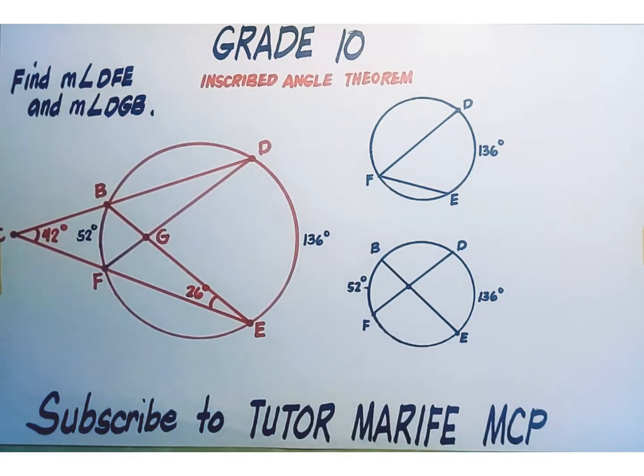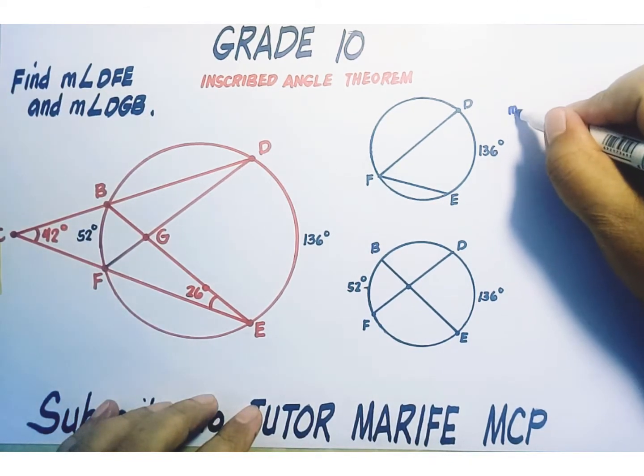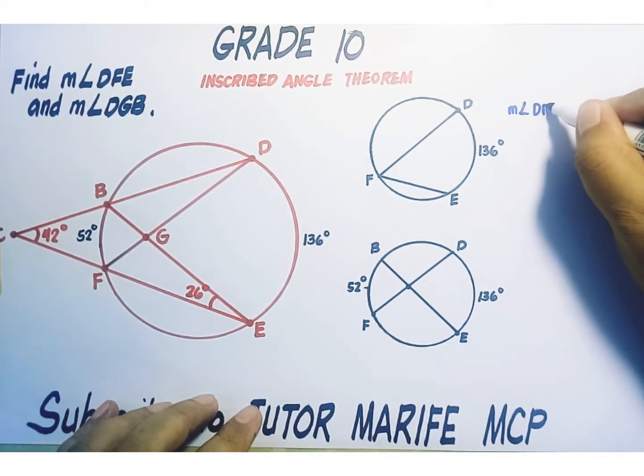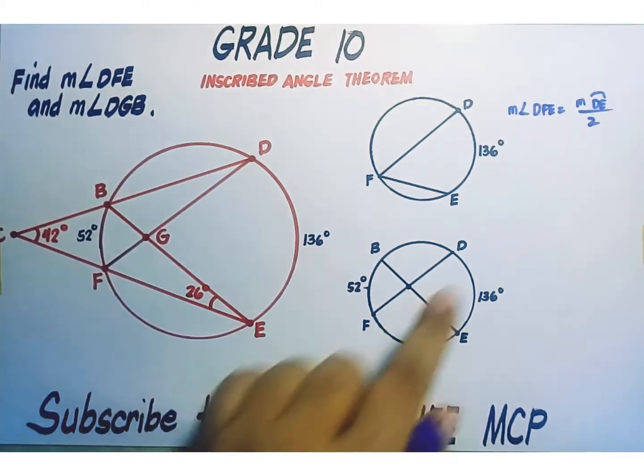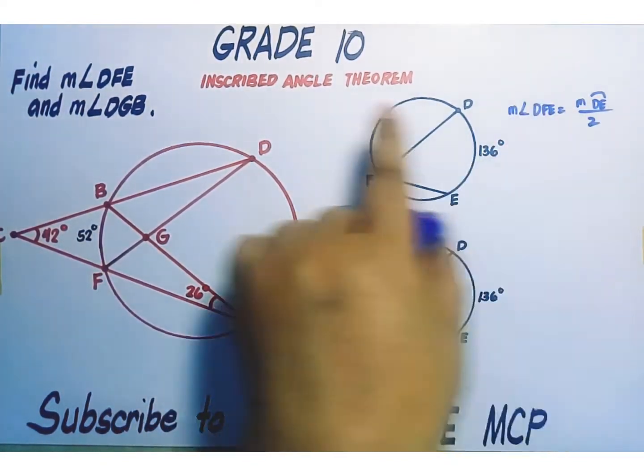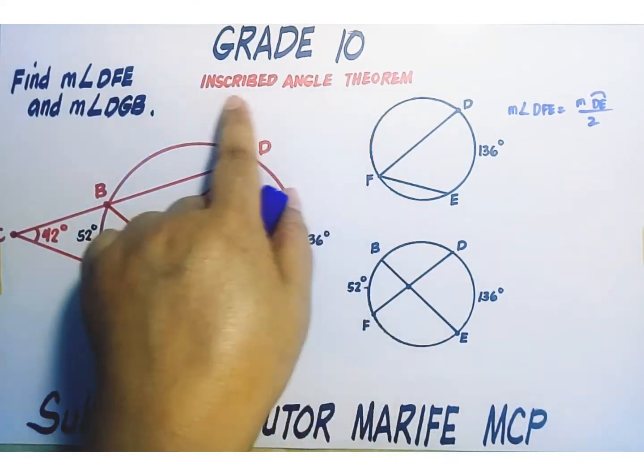Let's write our equation. Measure of angle DFE equals the measure of arc DE divided by 2. This equation is an application of the inscribed angle theorem.